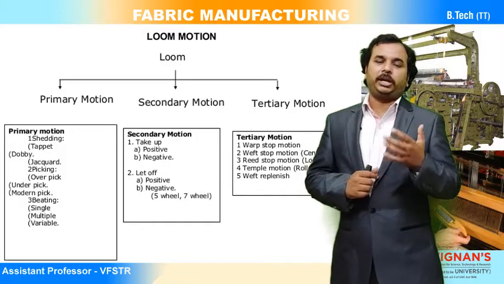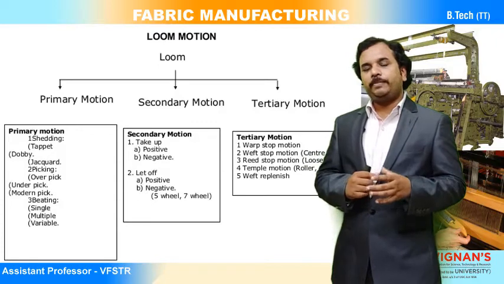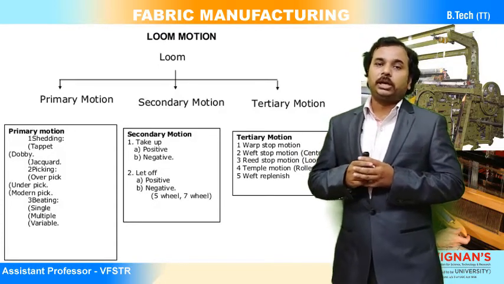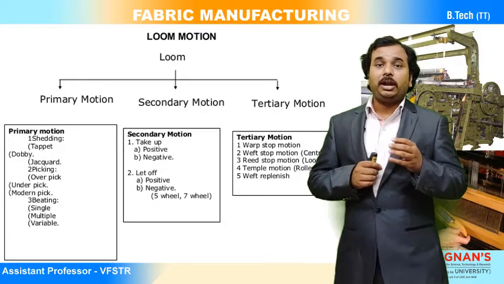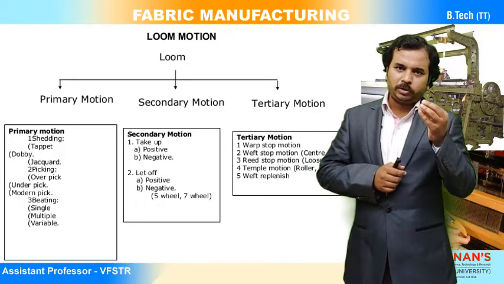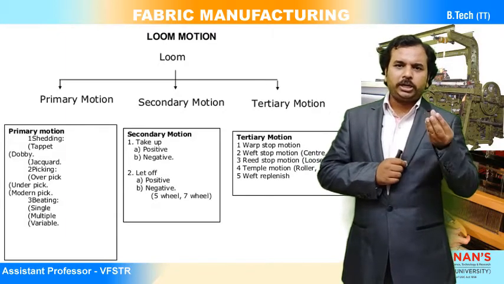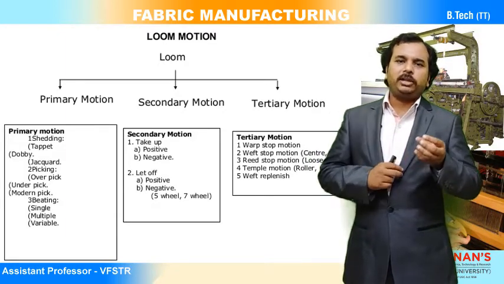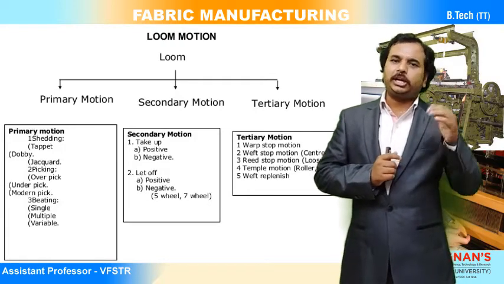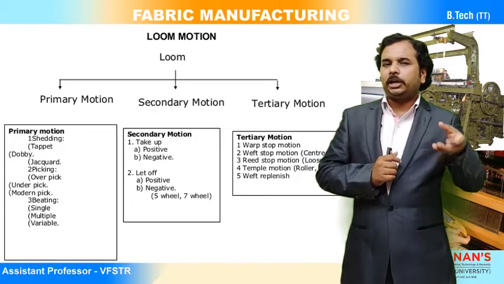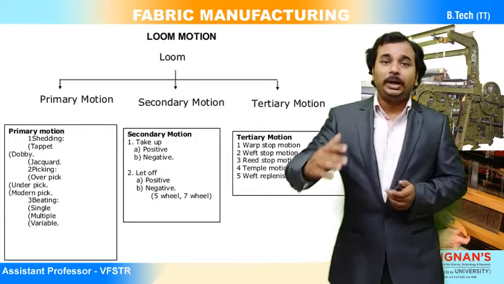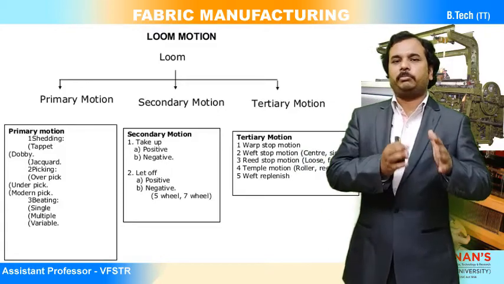There are small mechanisms available in the weaving machine: in the shuttle we are using a small quantity of yarn. Whenever the weft yarn is exhausted in the shuttle, the weft package in the shuttle is replaced with the help of some mechanism.